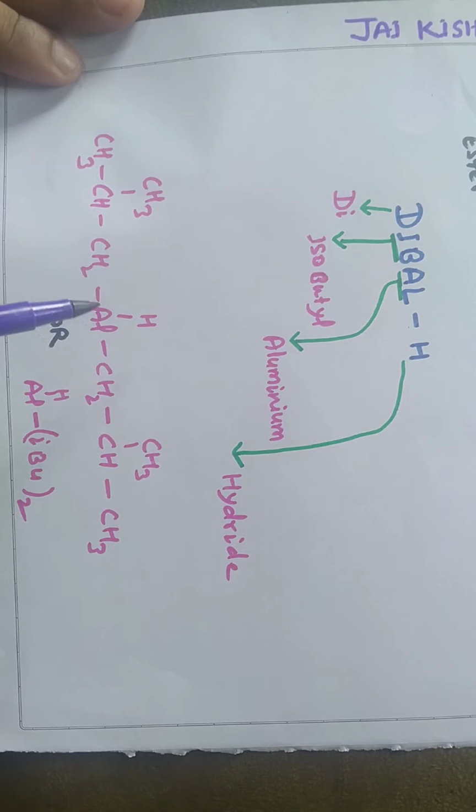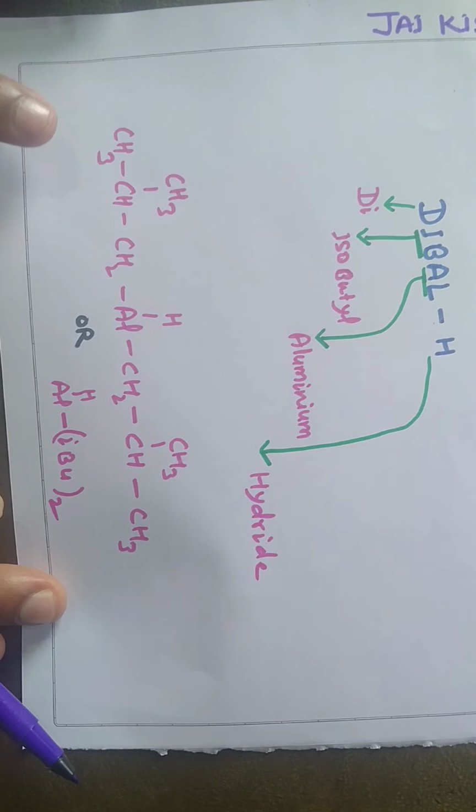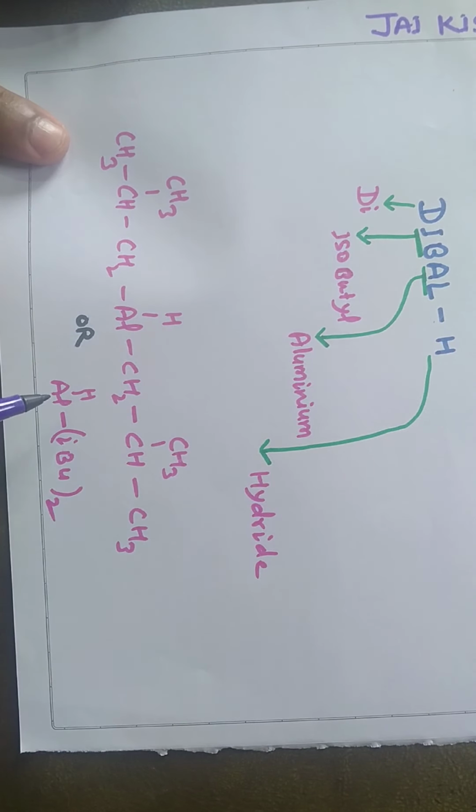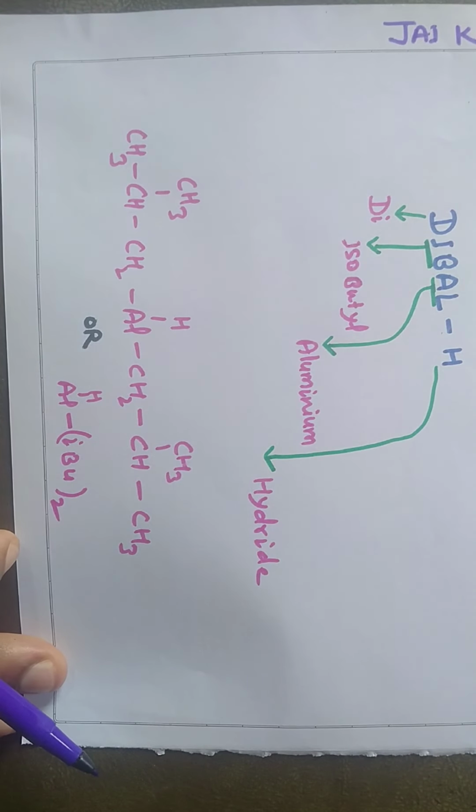So we can say di-isobutyl aluminum hydride. We can represent it in short form as (i-Bu)2AlH. This one is the isobutyl group and H is hydrogen. So, di-isobutyl aluminum hydride.